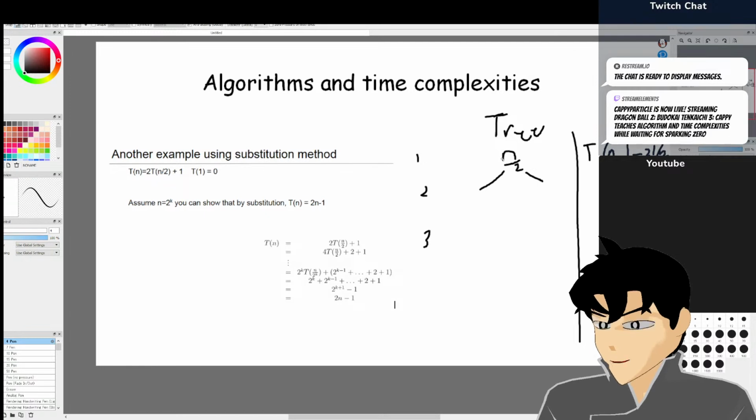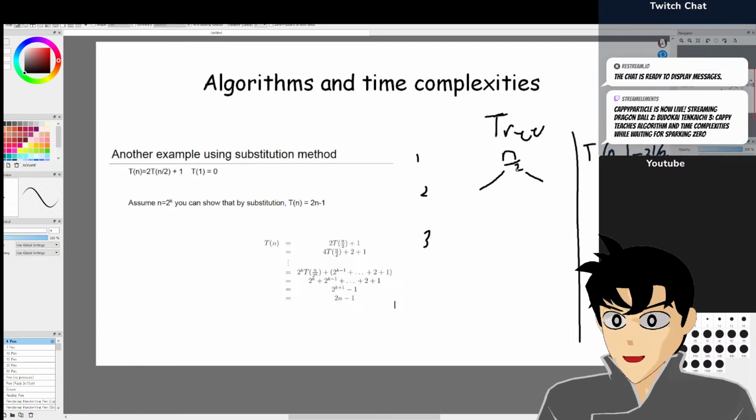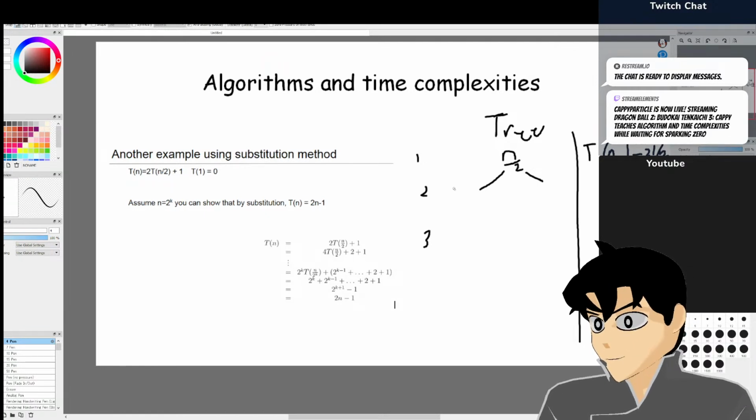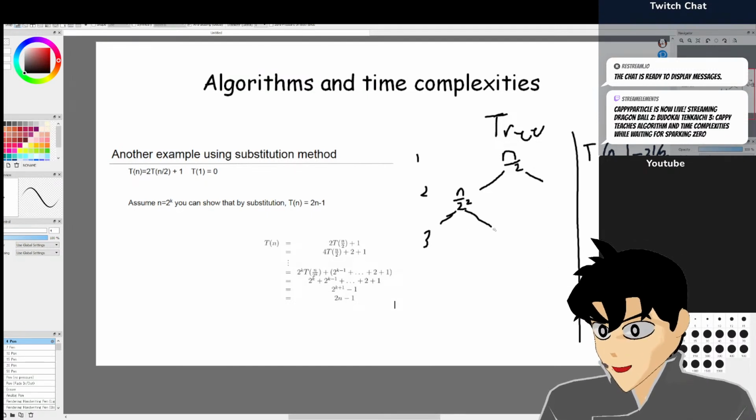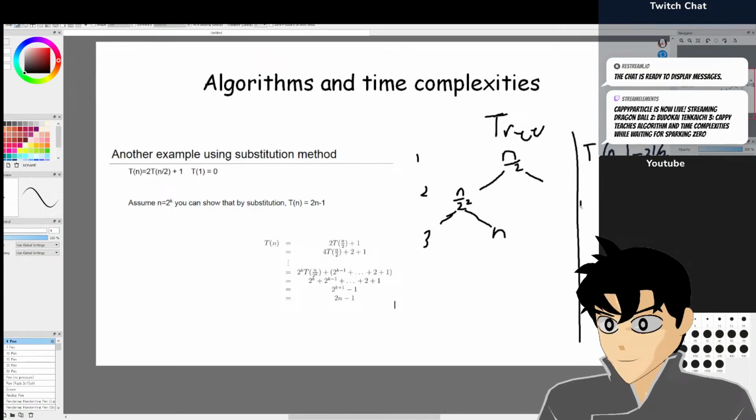This n over 2 multiplies into itself, so n over 2 times n over 2, which is n over 2 squared. Okay, and then it does another branching. I'm not gonna show all the branches because I don't have space, and I'm not good enough using my mouse. And then it branches up. Oh wait, no, in here also.